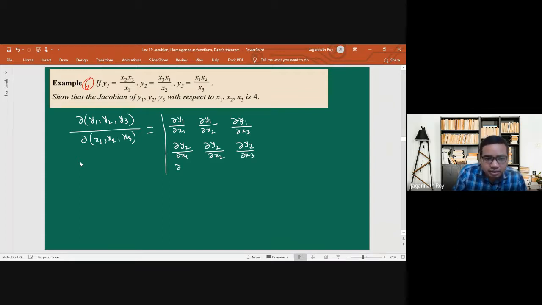And finally, del y3 del x1, del y3 del x2, del y3 del x3. That is our Jacobian by definition. J is this one, so we have to show it is also 4. So let us compute each and every term.